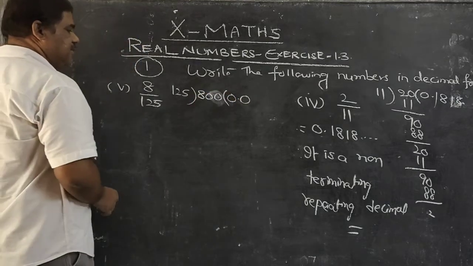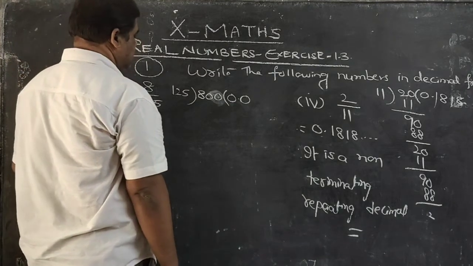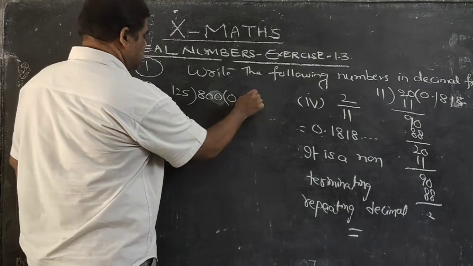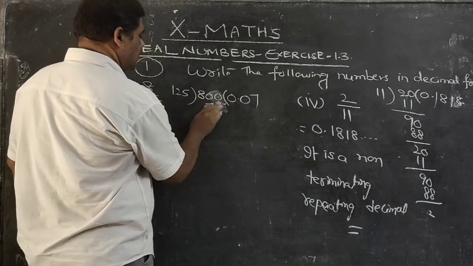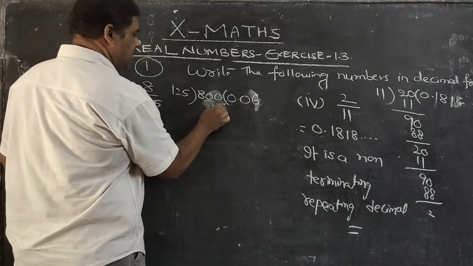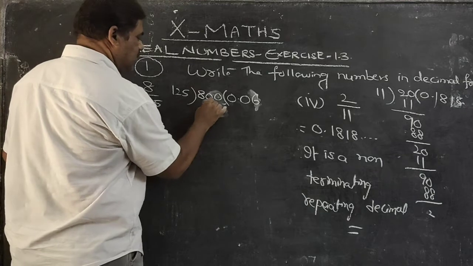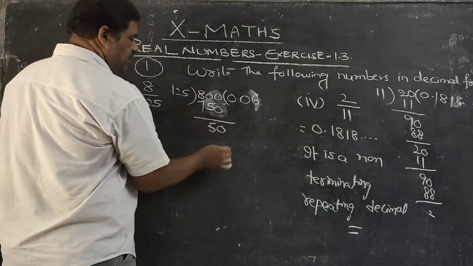So 800. Now 125 6s are 750, the remainder is 50.